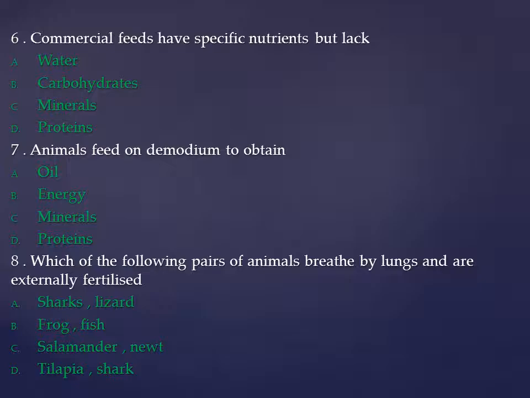Point number 4. Mammals do not have varying body temperature. Point number 5. Their body temperature is ever constant. Last point is 6. External fertilization is found in amphibians and fish. Back to the question. The answer should be salamander and newt. That is choice C.